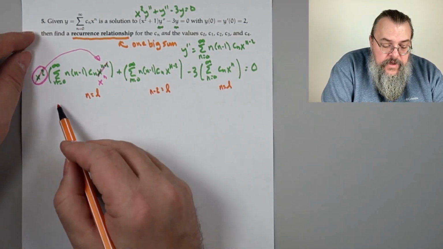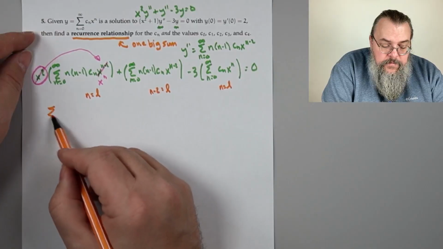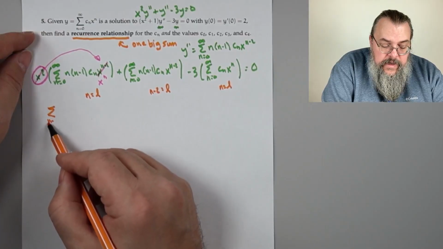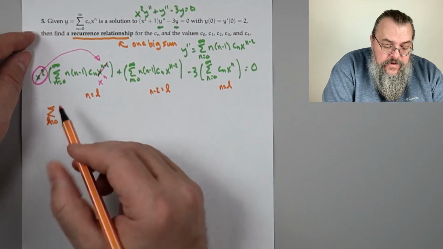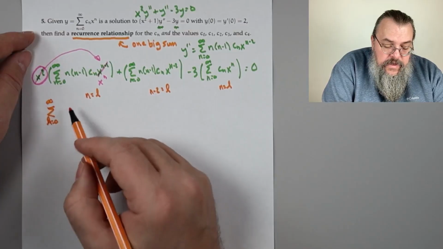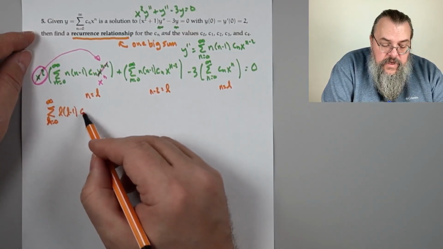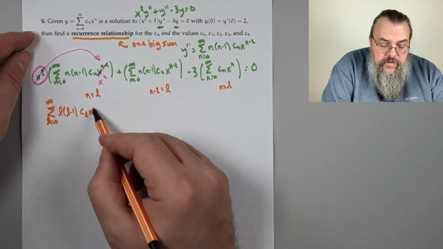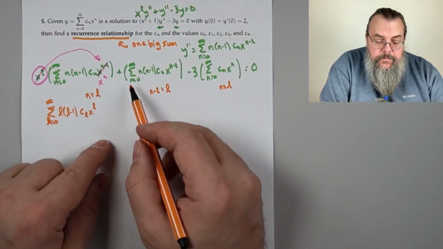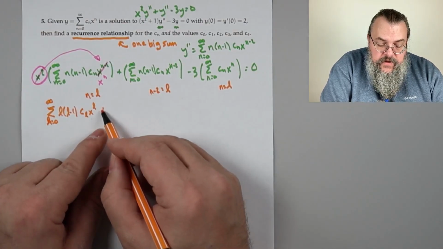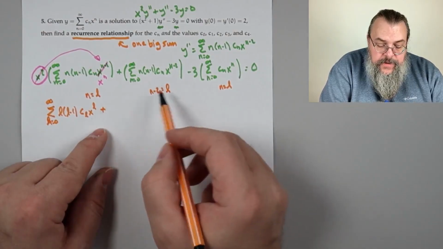So what do we have? Well, that's the sum, L, because we switched to L, 0 to infinity, L minus 1, C, L, x to the L, plus. Now here, we have to think a little bit.